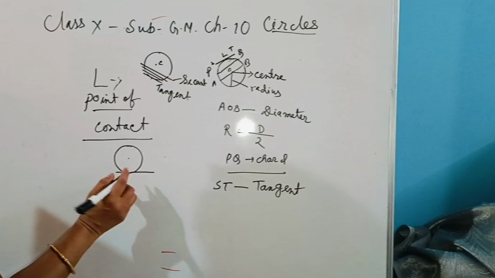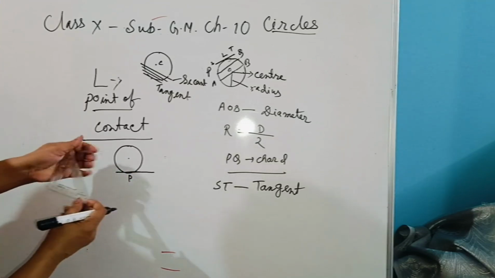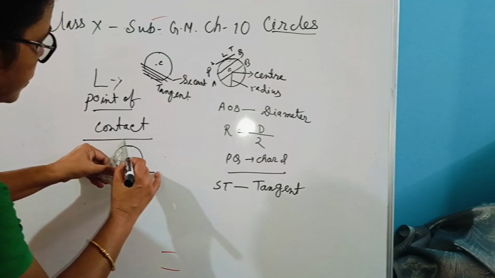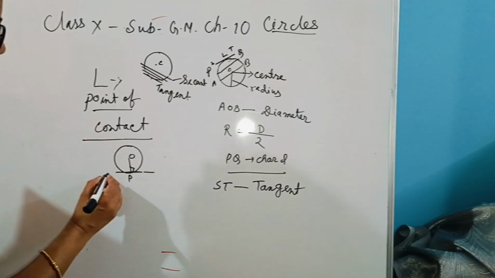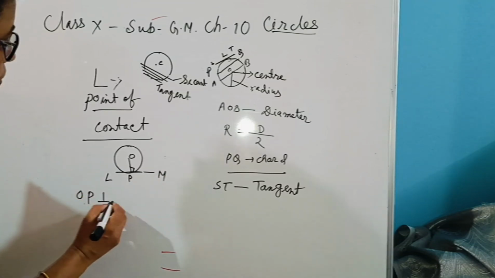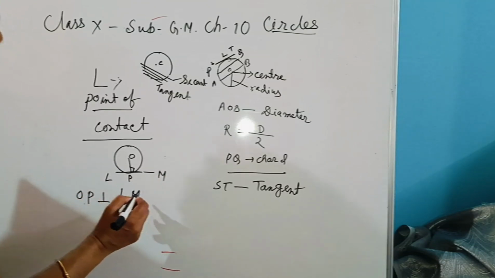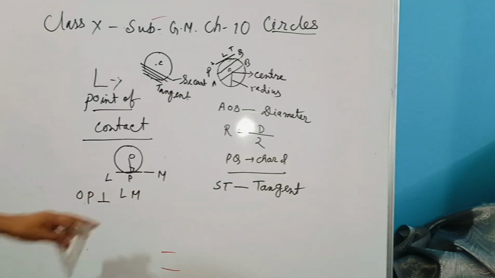Suppose this tangent touches at P. What is the relation of OP? OP is always perpendicular to the tangent LM, suppose. OP is perpendicular to LM. And using this condition, we can do mathematical problems. Now we go to the exercise.